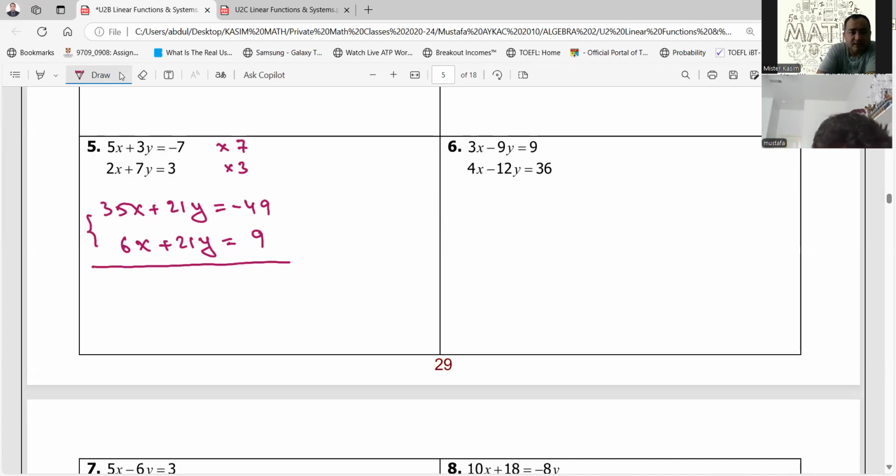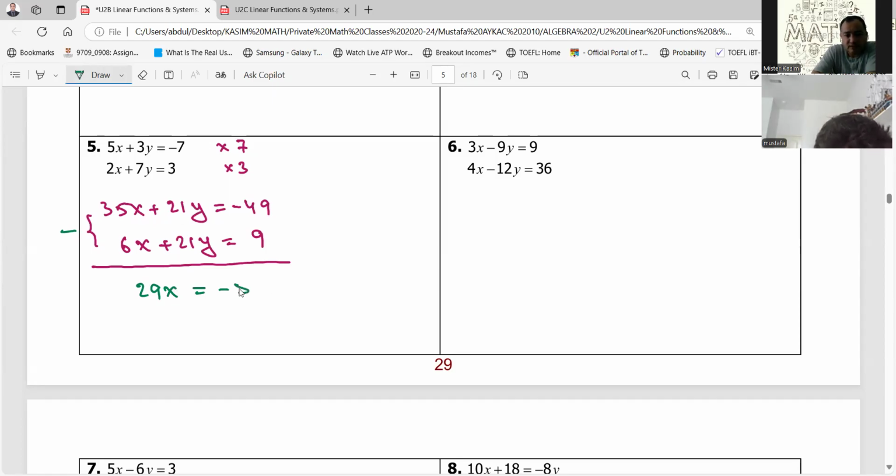So how can I eliminate? By subtraction. Let me subtract 35 minus 6, 29x. 21 minus 21 is gone. Negative 49 minus 9, that's equal to negative 58. Divide both sides by 29, we get x equals negative 2. And now if I just substitute into the first equation, 2 times negative 2 plus 7y equals 3.